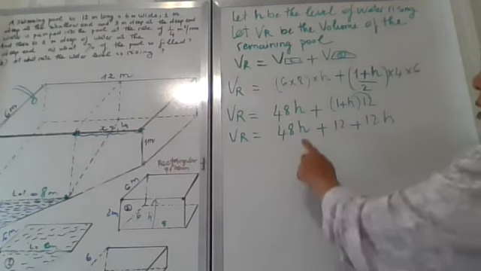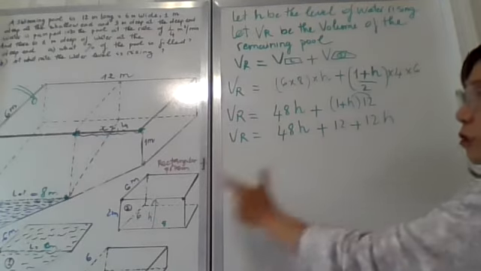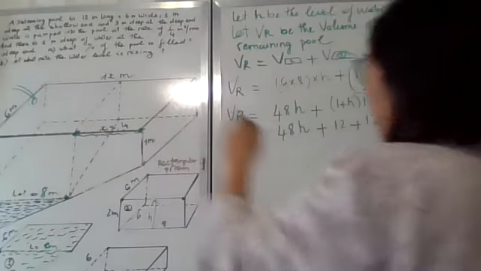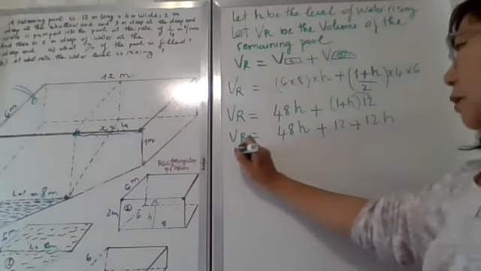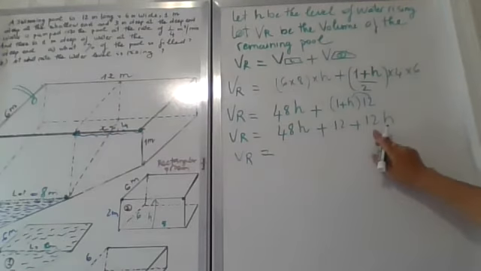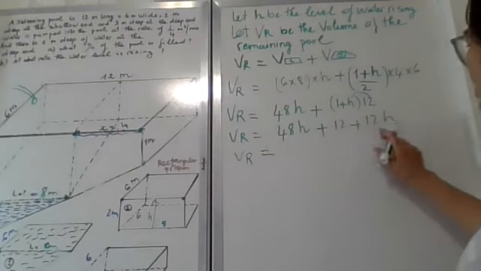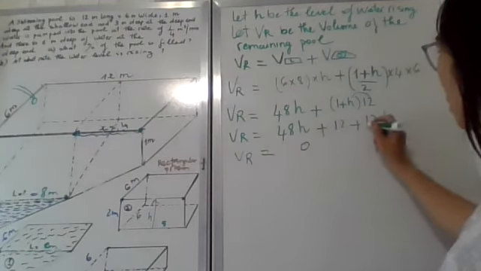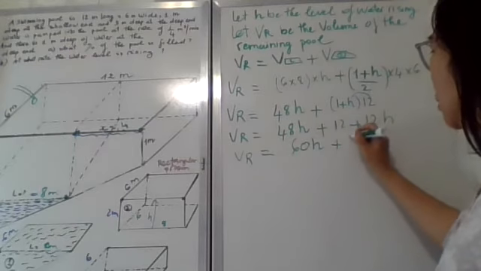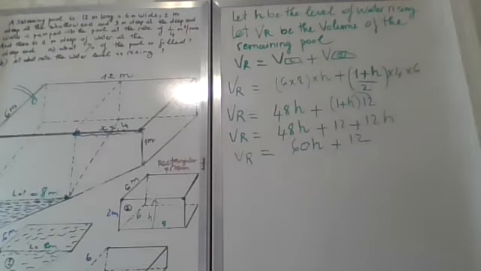Because we consider height 1 and height 2 for these two figures to be the same water level rising, we can add them as like terms. So 48 plus 12 is how much? 8 plus 2 is 10, so 60H plus 12. So that's the volume remaining.